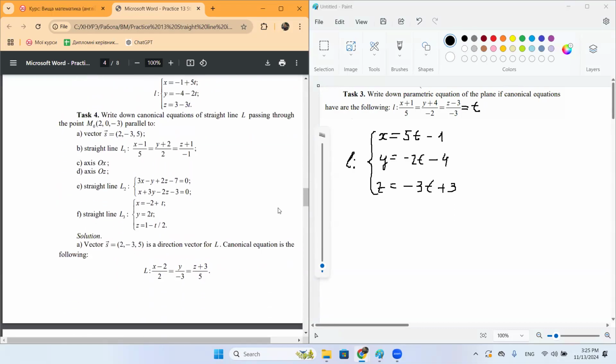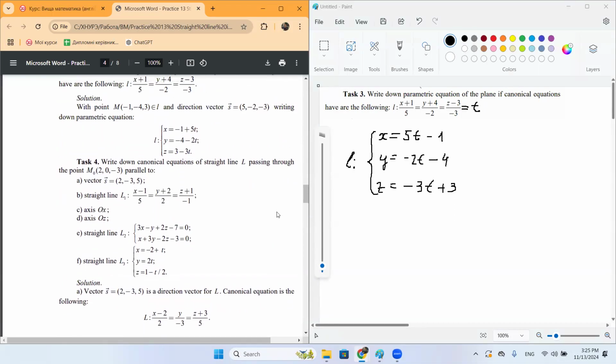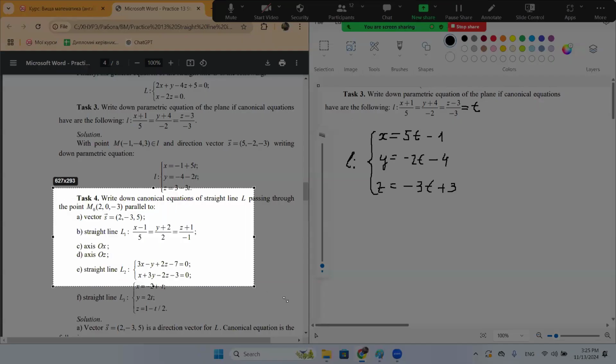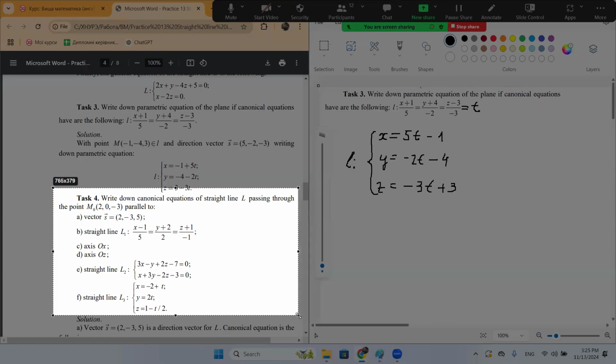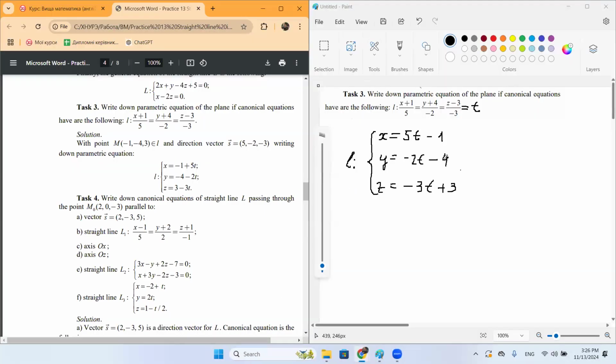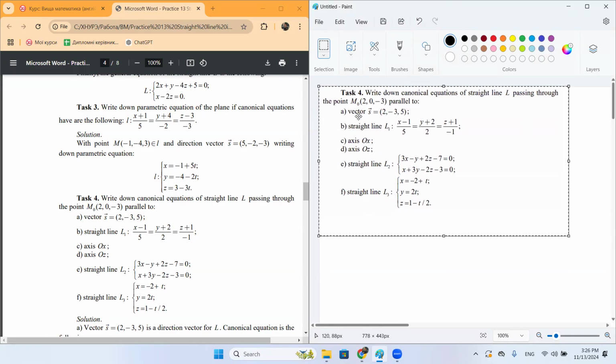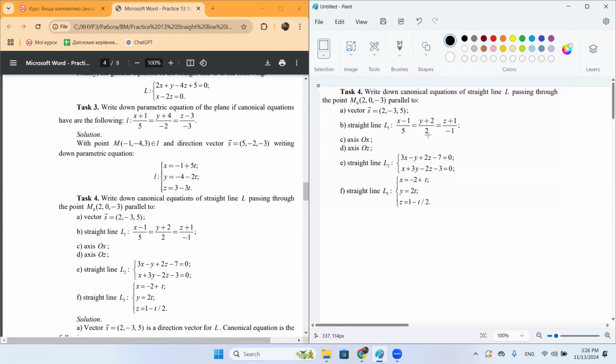Okay, and now task number 4. So it's quite big, but we will solve it. So we have to write down the canonical equations of straight line L passing through the point M0 in different cases.